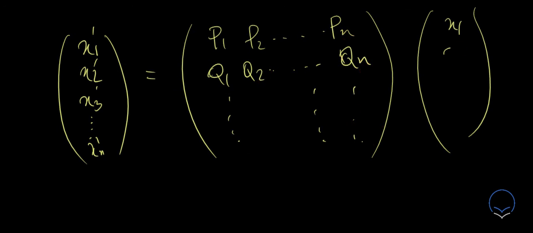And finally here you will have this x1, x2, x3, dot dot dot. And this can be written in a compact notation: X prime equals A X.